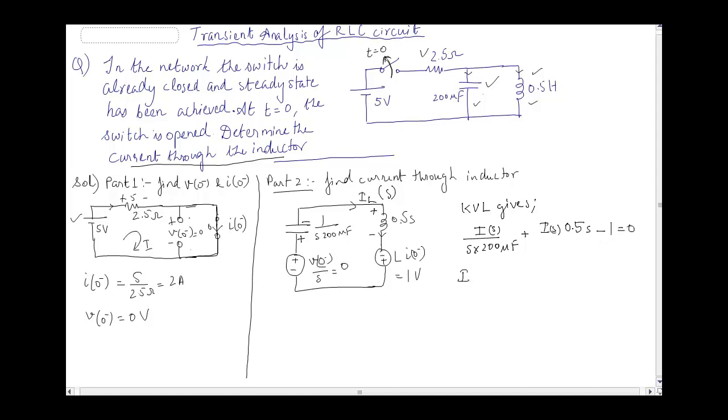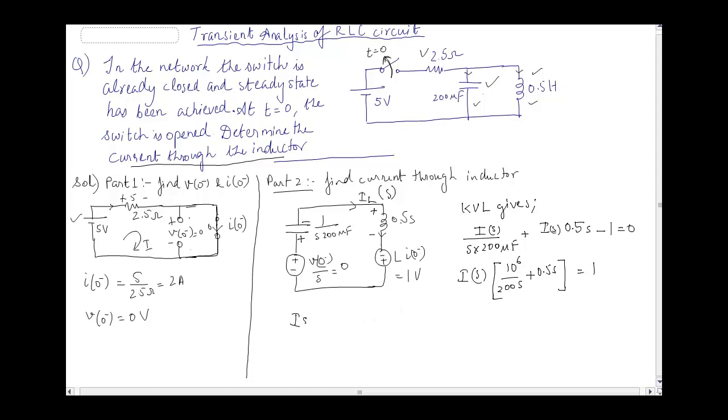From this I of S I can take out commonly, and this 1 goes to the other side, so it is 1 here, and here it is going to be 1 by 200 micro. I can take it up, so 10 raised to power 6 divided by 200 S plus 0.5 S. 200 will directly cut with 10 raised to power 6.